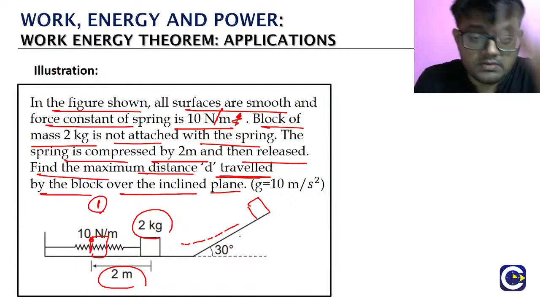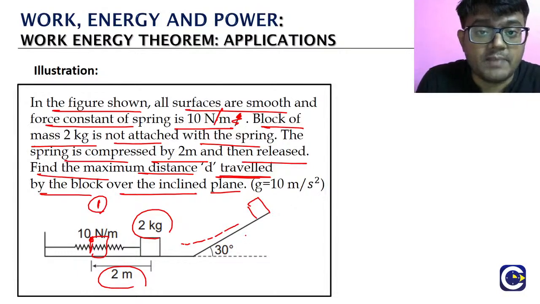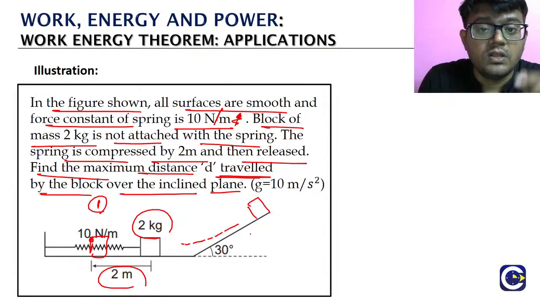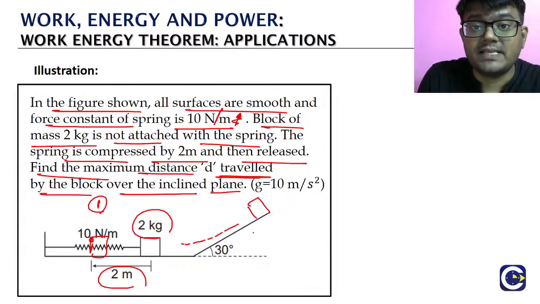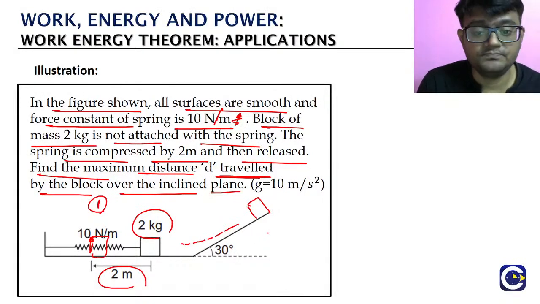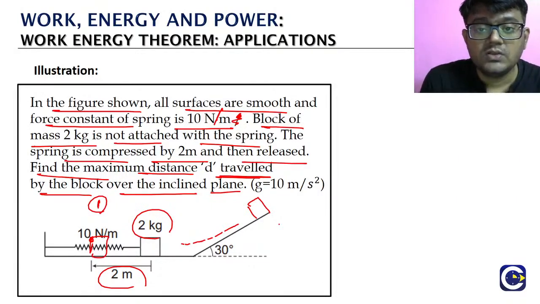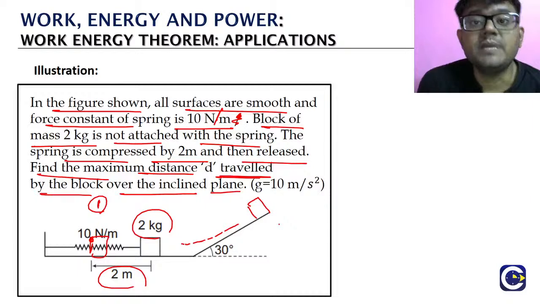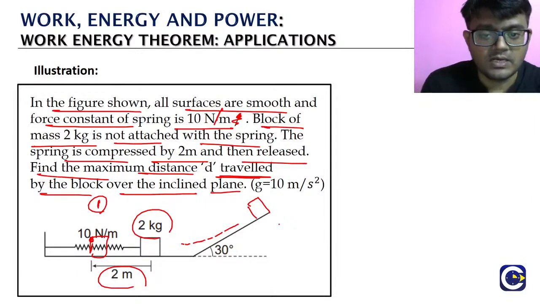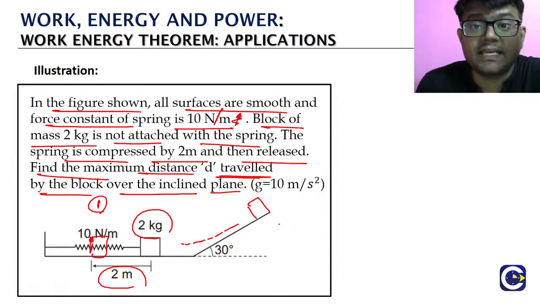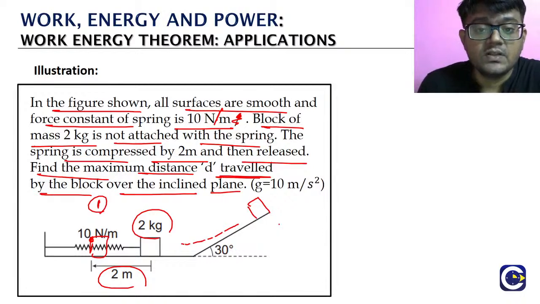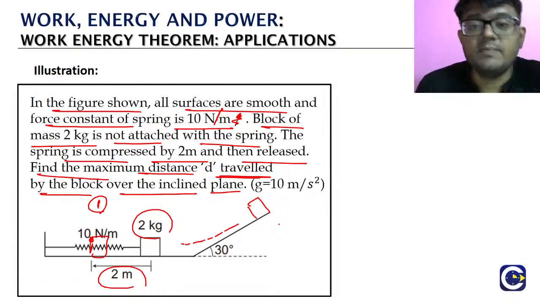When it is climbing up the inclined plane, the gravitational potential energy of the block will be increasing, because it is getting elevated. The kinetic energy will keep decreasing. Gravitational potential energy will increase and kinetic energy will decrease. At one place, the kinetic energy will finally become 0.